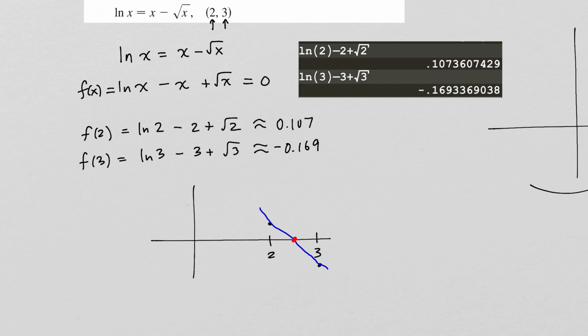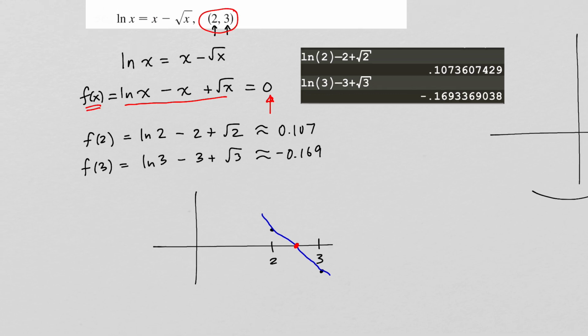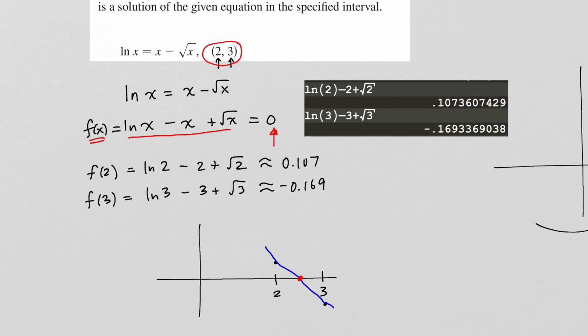That means we are guaranteed that the function must be equal to 0 somewhere in between 2 and 3. So that means that the original equation must have a solution somewhere between 2 and 3. And this concludes this lesson.